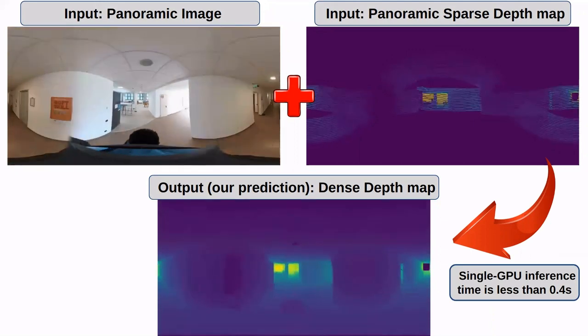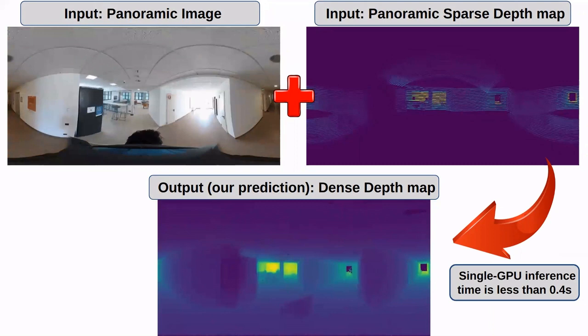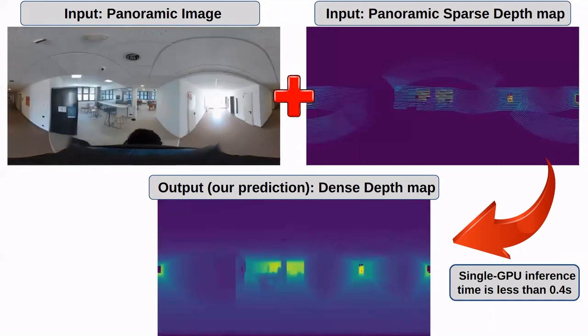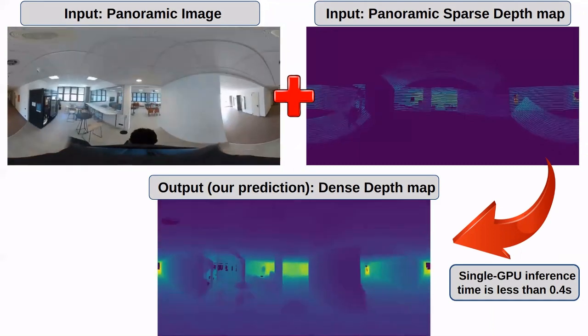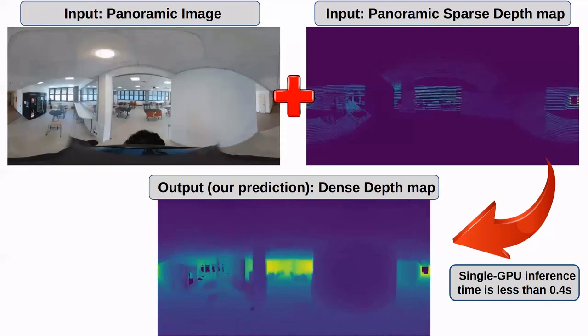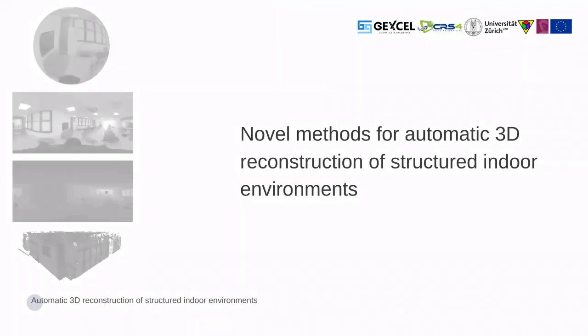We can in particular generate 2K times 4K depth images from equally sized inputs in less than 0.4 seconds. As a conclusion, the pilot has shown that the project has achieved significant results in the creation of novel methods for the automatic reconstruction of 3D environments, with a particular focus on panoramic images and on their fusion with sparse depth data.